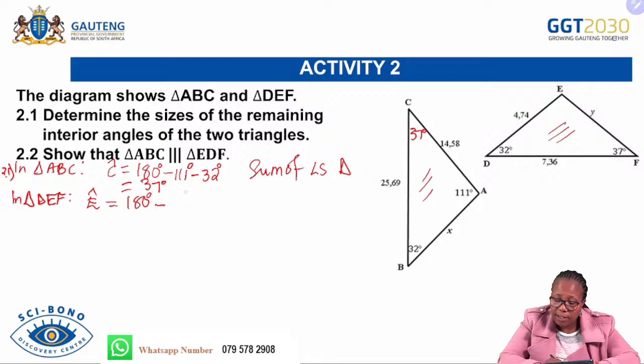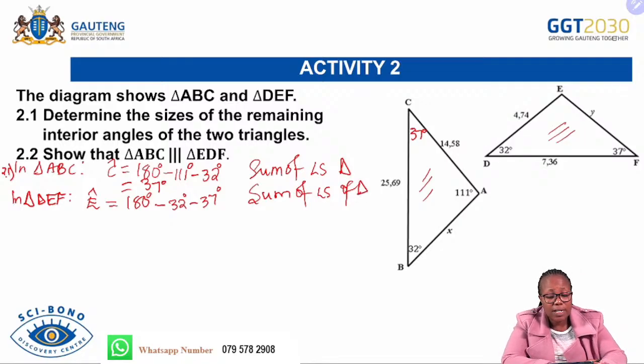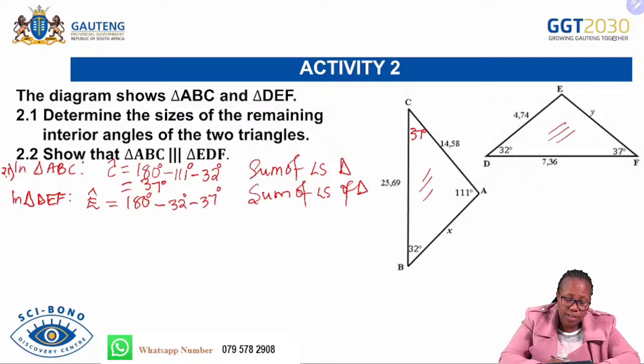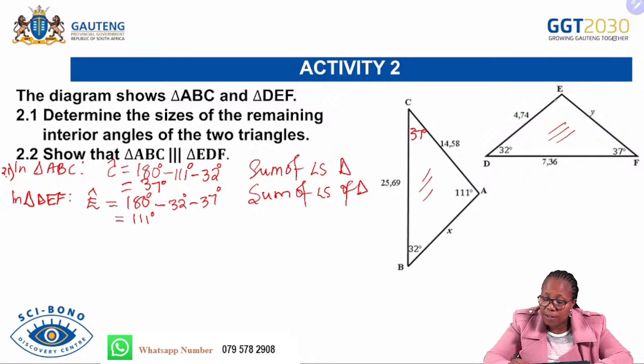Then we subtract the given angles, which are 32 degrees and 37 degrees. What are we applying? Sum of angles of a triangle. And then 180 minus 32 minus 37 degrees, it is giving us how much? 111 degrees. Therefore, the angle E will be 111 degrees.